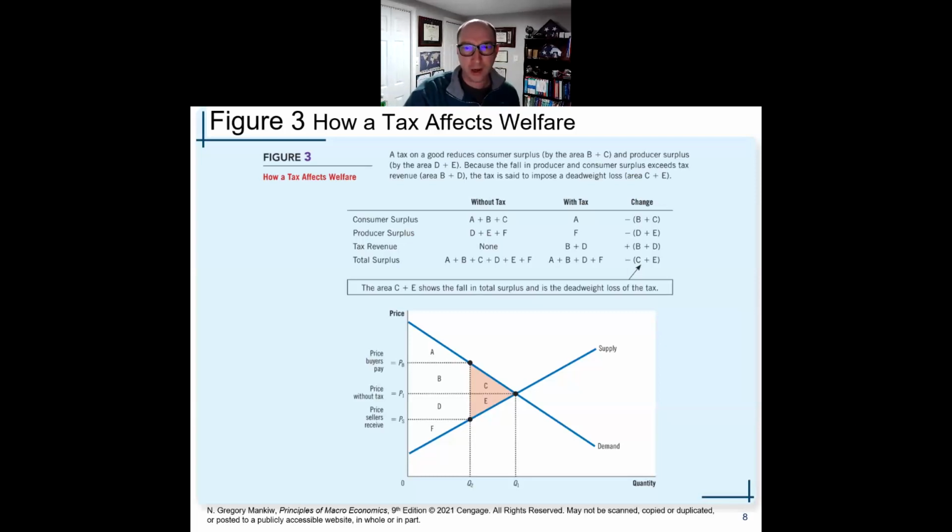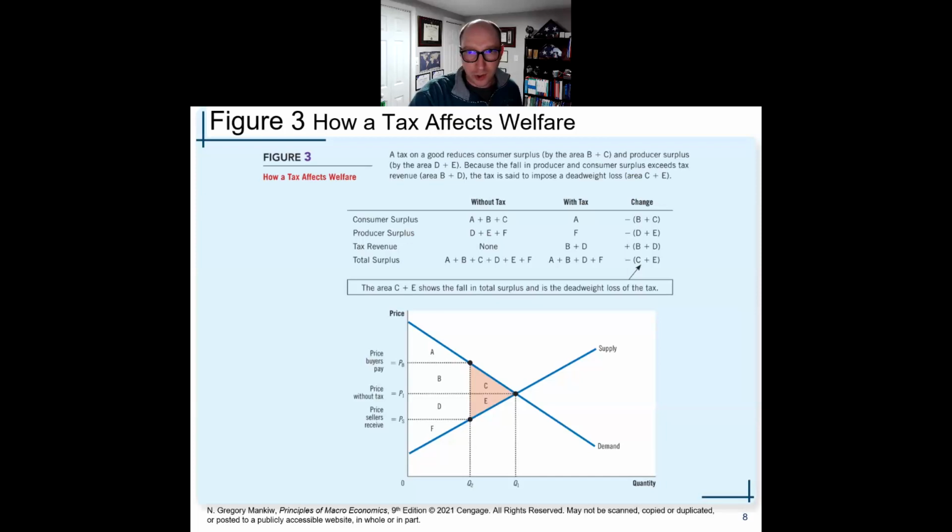Graphically, we can look at these changes and determine what we call deadweight loss from tax, which is essentially the difference. Here graphically we see a couple of different areas: A, B, C, D, E, and F, and we can see where things are represented.